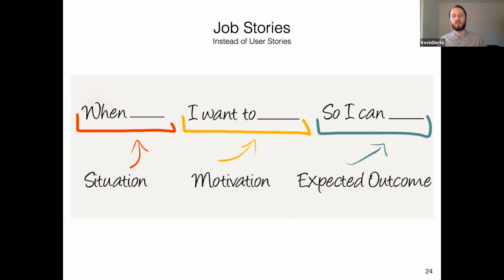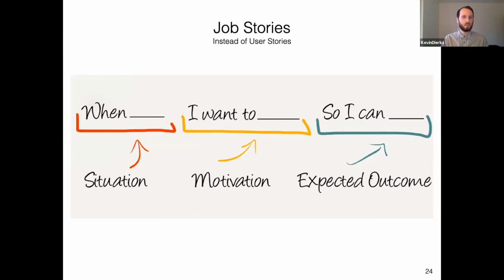There's another technique that is called job stories, which is quite similar. You can see the structure here. It says when, so the situation, I want to, your motivation, so I can, your expected outcome. What's the difference? Whereas the user stories focus more on a solution, like what do they want to have, the job stories focus more on the motivation, on the problem, like what is the benefit that they're trying to achieve.